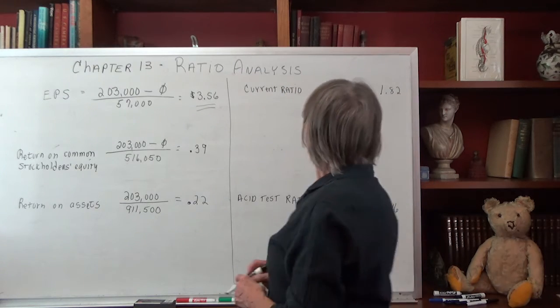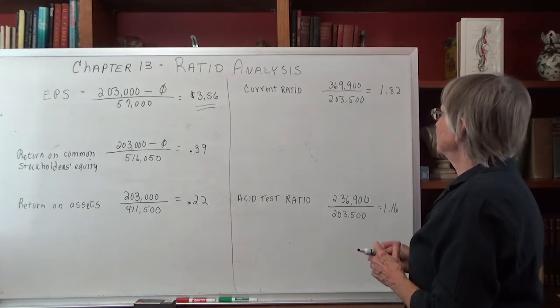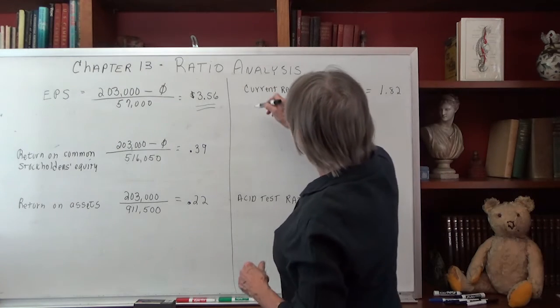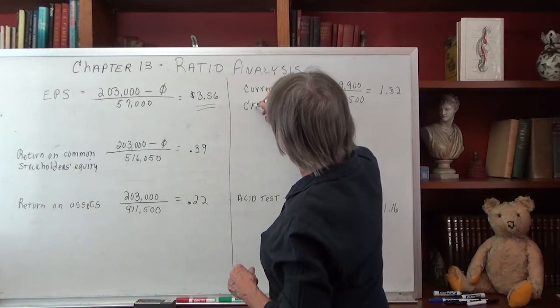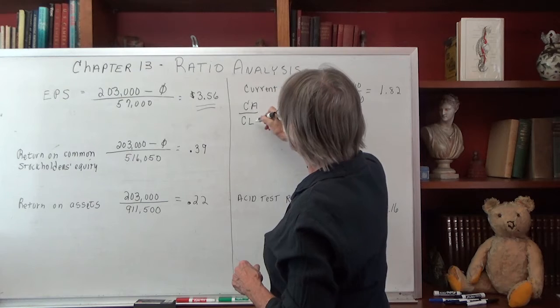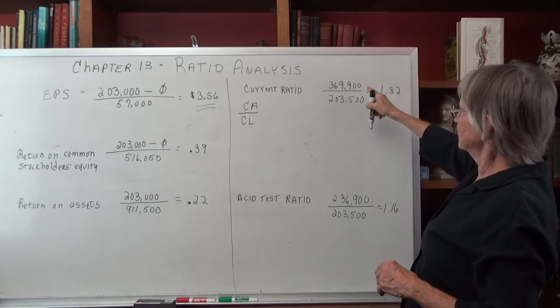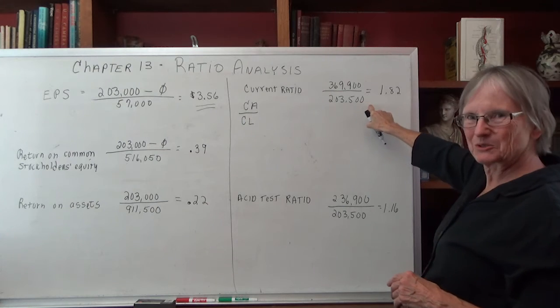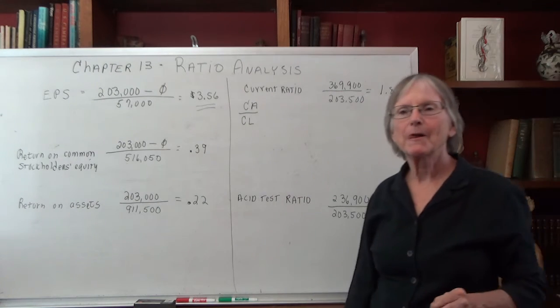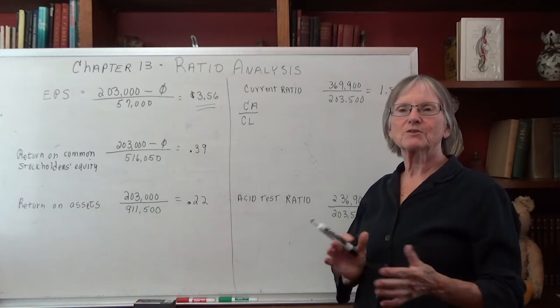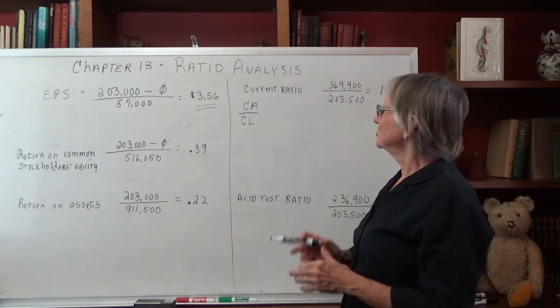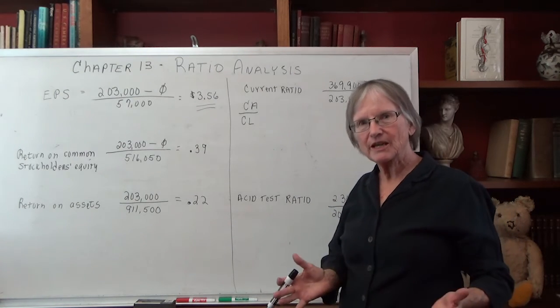All right, the current ratio is basically your current assets divided by your current liabilities. This is your current assets, and that is given in this problem. Your current liabilities, they give you a total in this problem. A lot of times when you're doing the homework, they will not give you those totals. You have to know what a current asset is.